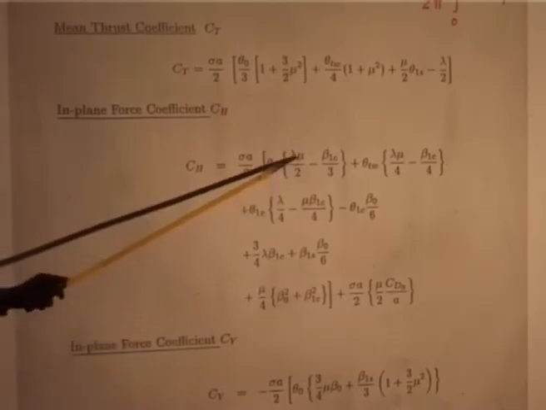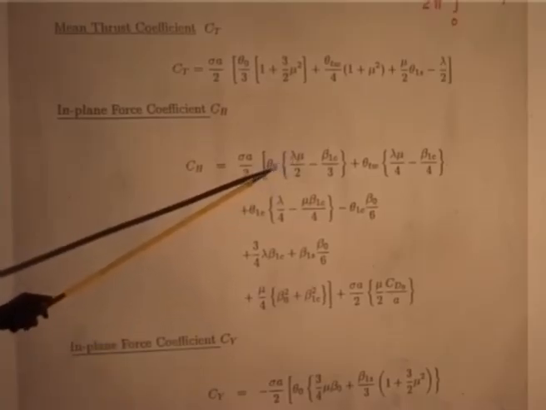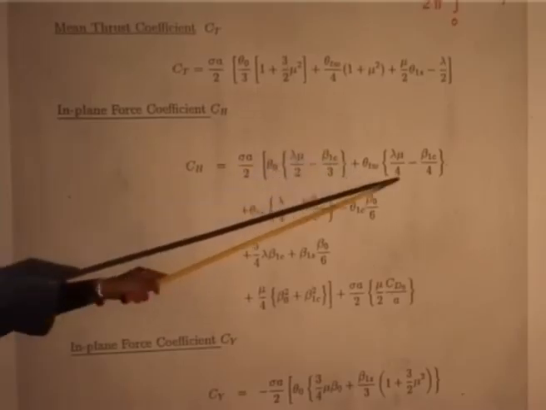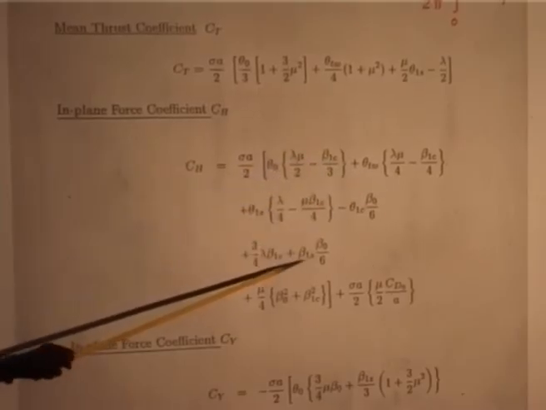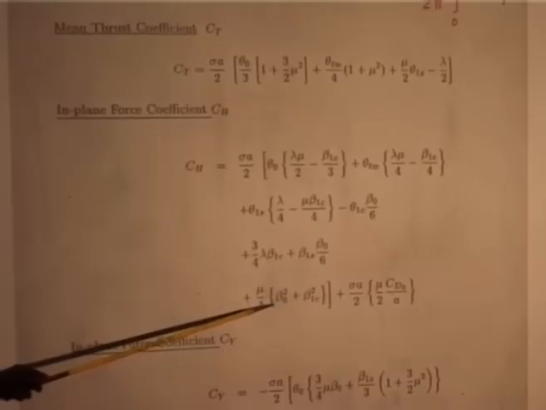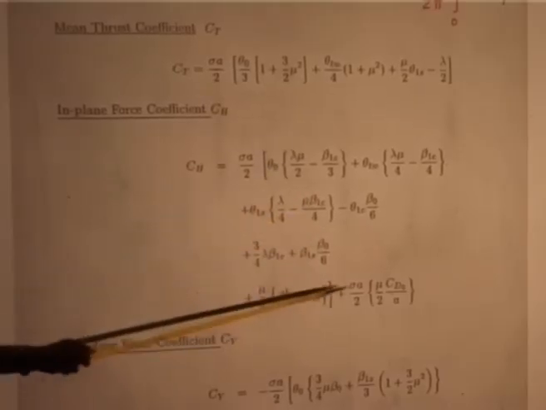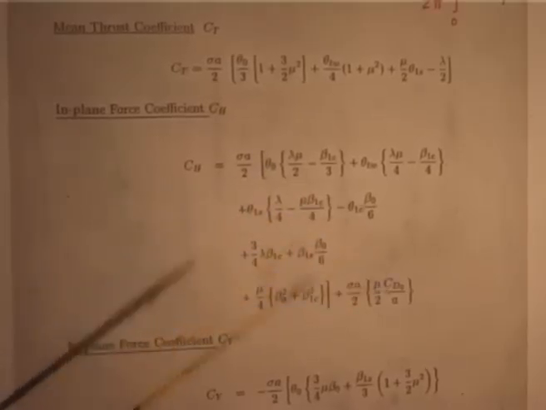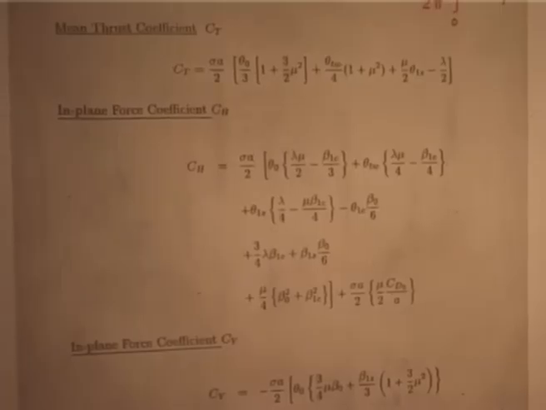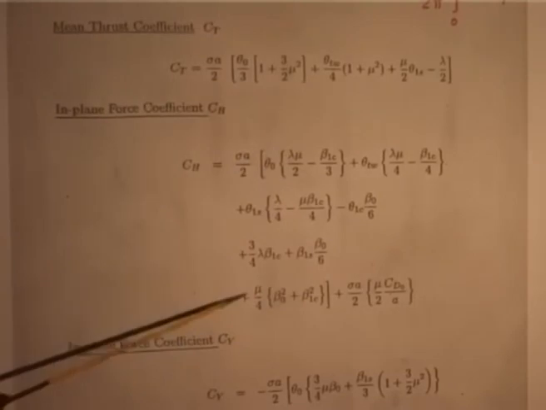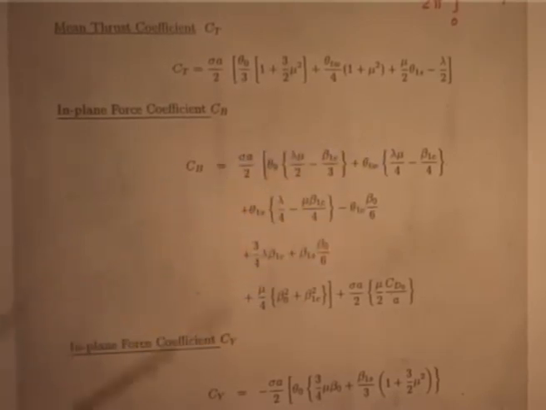You will see lambda, mu, theta naught, beta 1c, and then you will have beta 1s, beta 1c square, beta naught square, so many other terms, and then there is one term with the CD naught, which is the profile drag term. One term with profile drag, the rest are due to induced drag, that is all. You will have all these terms and they are all small values, but finally you have to use them.